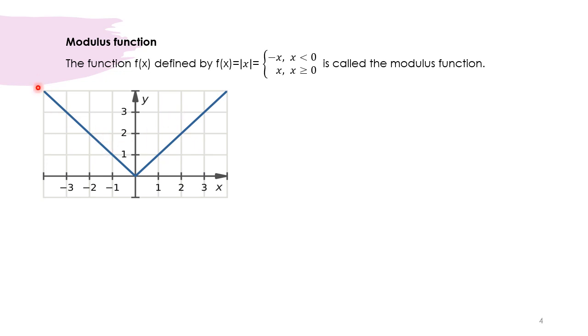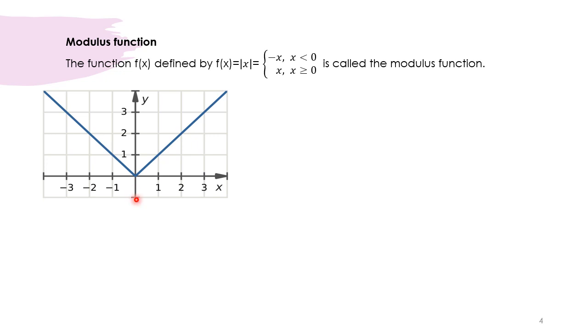And what about range? As you can observe from the graph, no portion of this graph is below the x-axis. I mean, there is no portion in the negative direction of the y-axis.